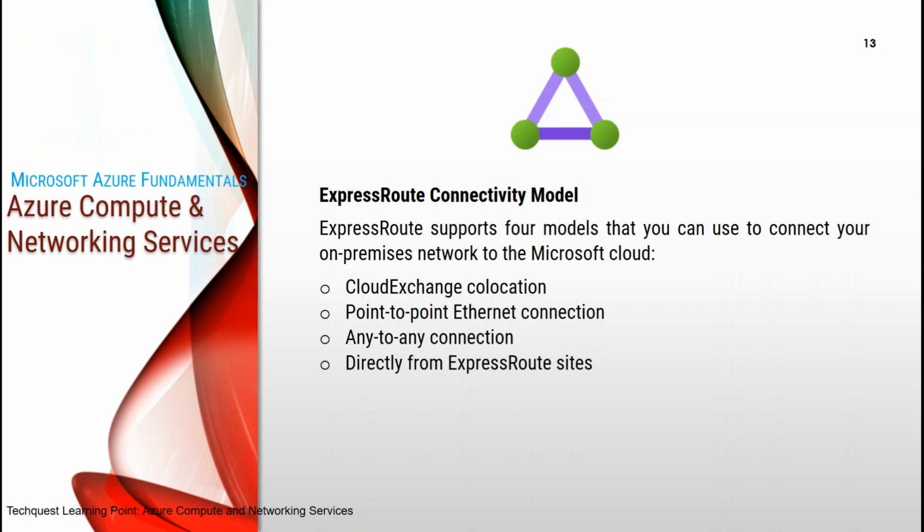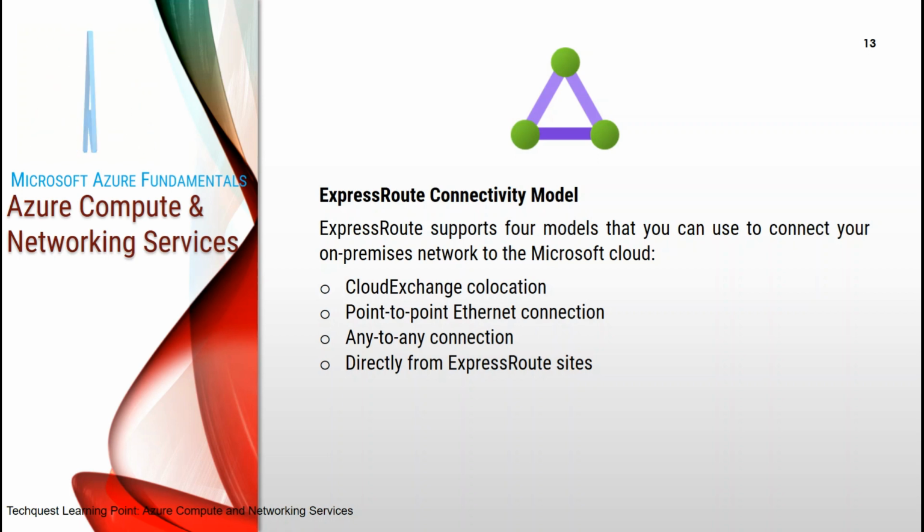Colocation refers to your data center, office, or other facility being physically co-located at a cloud exchange such as an ISP. If your facility is co-located at a cloud exchange, you can request a virtual cross-connect to the Microsoft Cloud. Point-to-point Ethernet connection. Point-to-point Ethernet connection refers to using a point-to-point connection to connect your facility to the Microsoft Cloud.